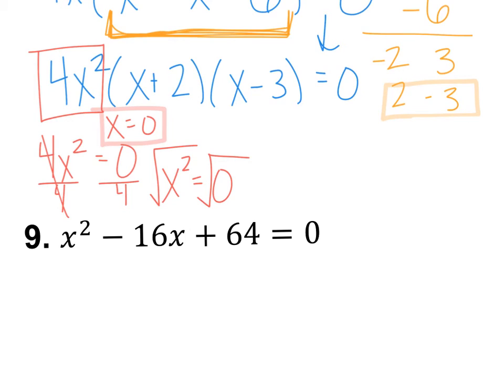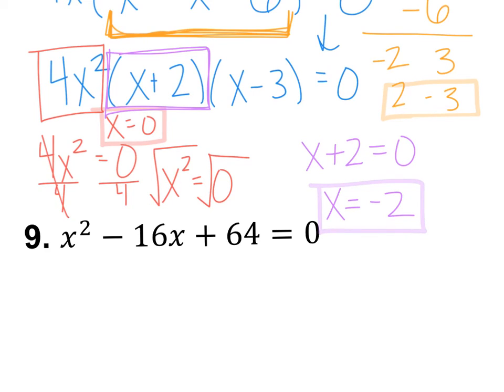Okay, so my next part is x plus 2. So x plus 2 equals 0. So my x would be equal to what? Good, negative 2. Subtract 2 from both sides and get x equals negative 2. All right, and finally, my last part is this x minus 3 term right here.